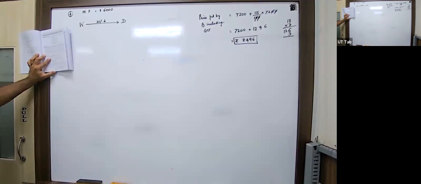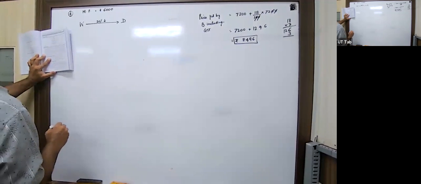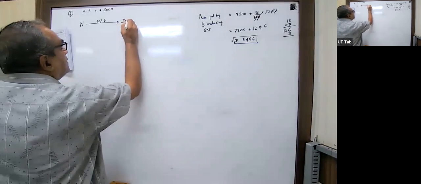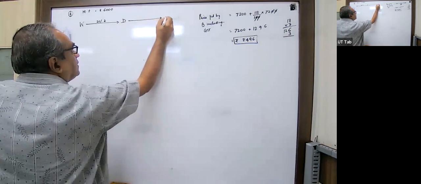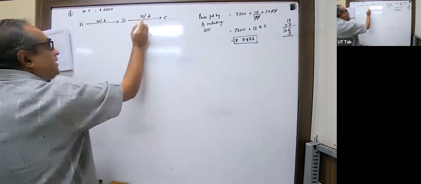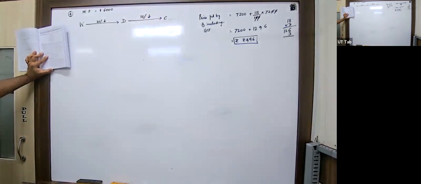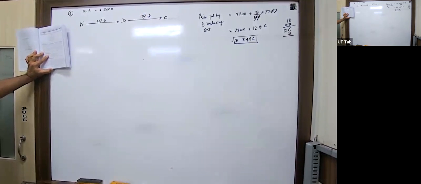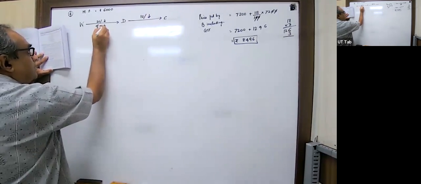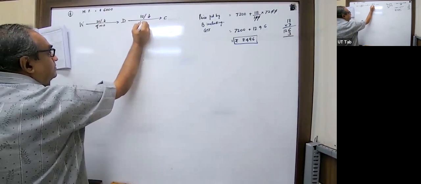The dealer further sells it to the customer at a discount of 10% to the mark price. नीचे लिखा है, मतलब less than the mark price, मतलब 6,000 कम.